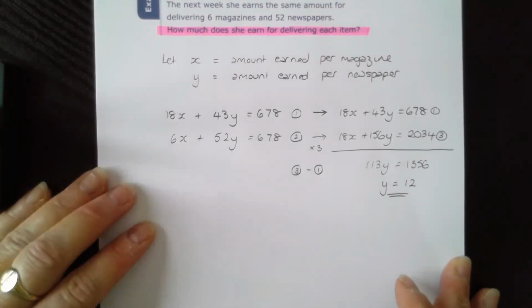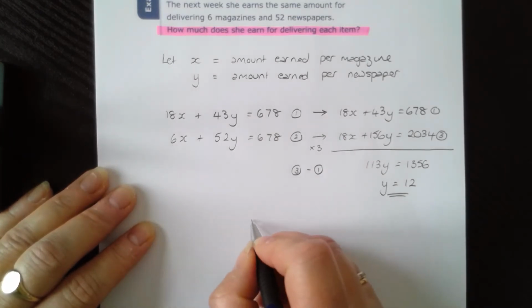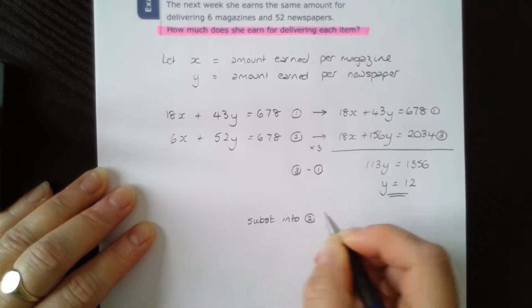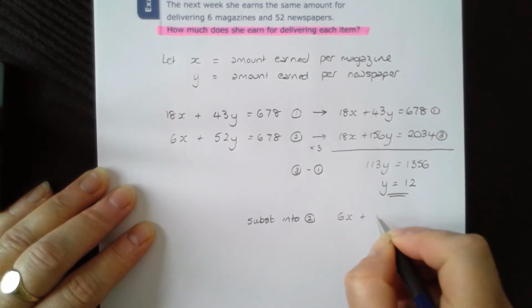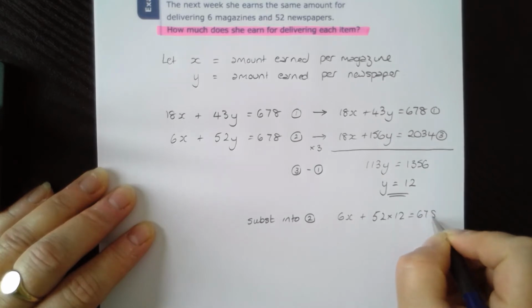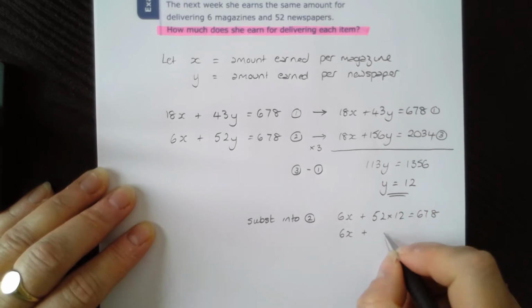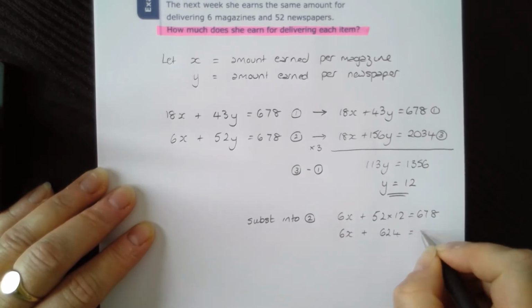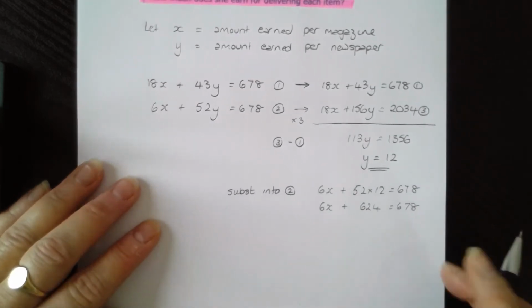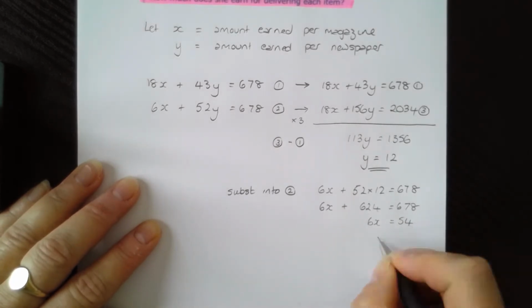And I'm going to substitute into equation 2. And I get 6x plus 52 times 12 is equal to 678. So 6x plus 624 is equal to 678, which means, taking away 624 from both sides, 6x equals 54, x is equal to 9.